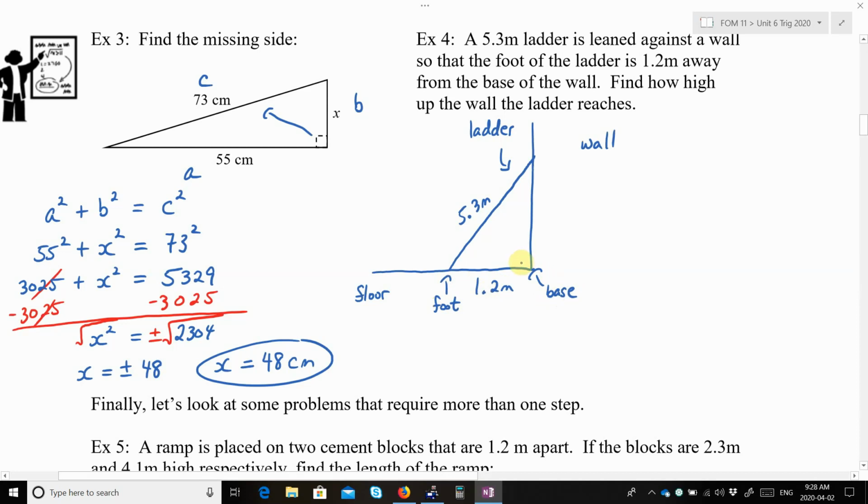So there's our triangle. Here's our 90 degrees. And it wants to know how high up the wall the ladder reaches. So there's where the ladder is touching the wall. We want to know this height, ultimately. We could call it h or x or whatever.